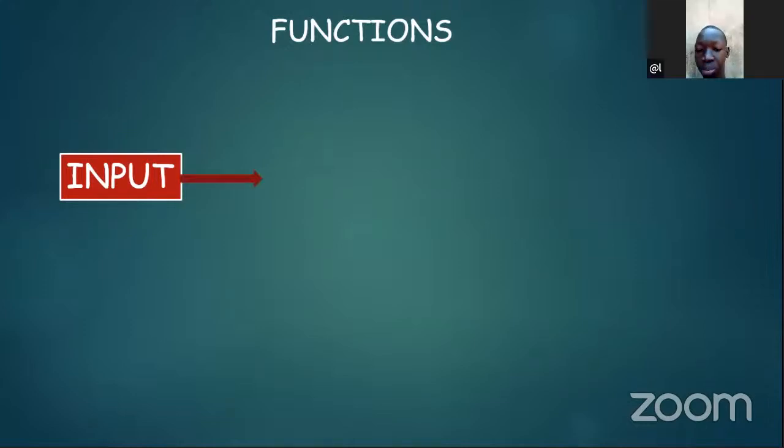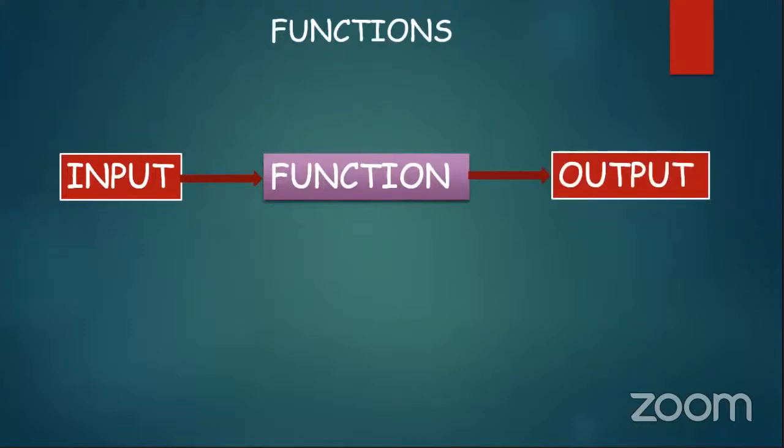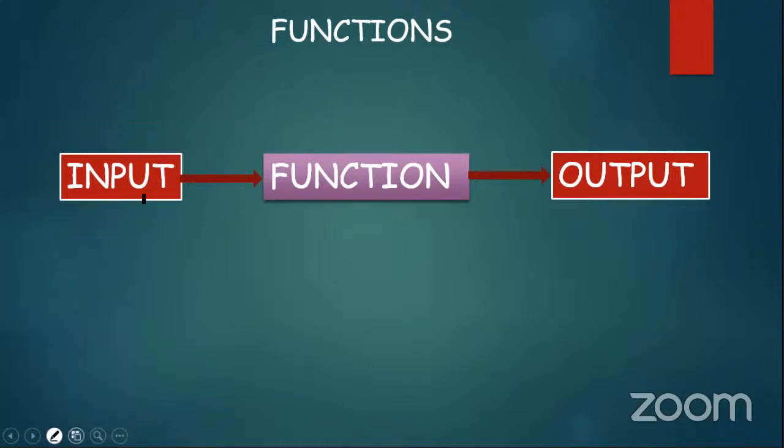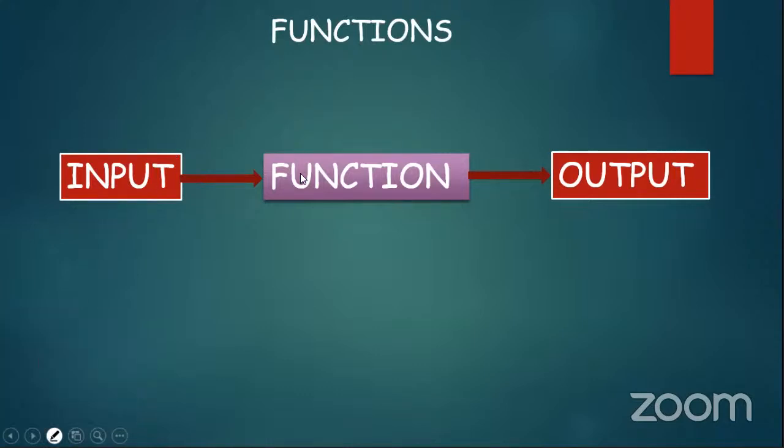So we are beginning with an input, and that input we are substituting it in a function, and at the end it will generate for us an output. So that is the procedure. So we have an input here, which takes us to a function. So we substitute in, and then later we have an output.